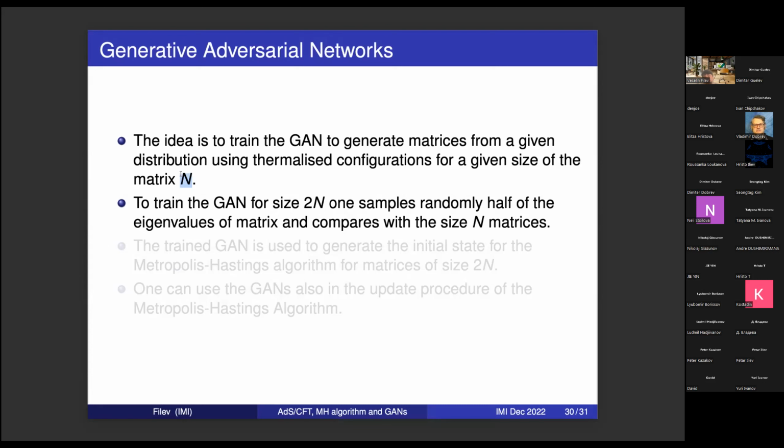In this way, you train your generator to generate something that can pass for a thermalized state in the matrix model of size N, but it will be closer because the distribution converges rather fast with N. It will be already close enough to the actual thermalization distribution for 2N.